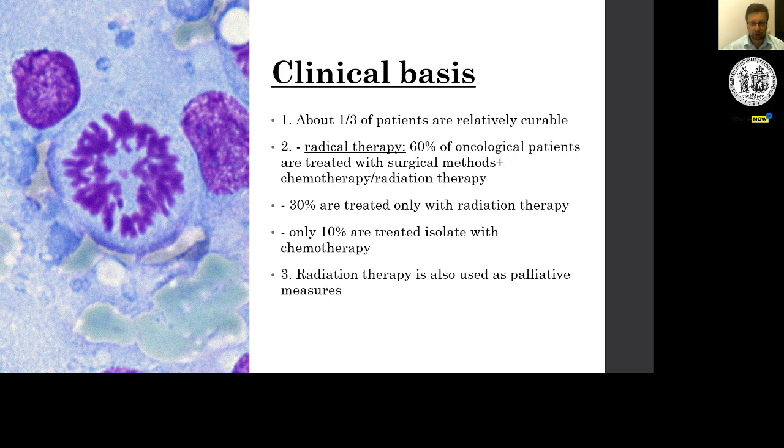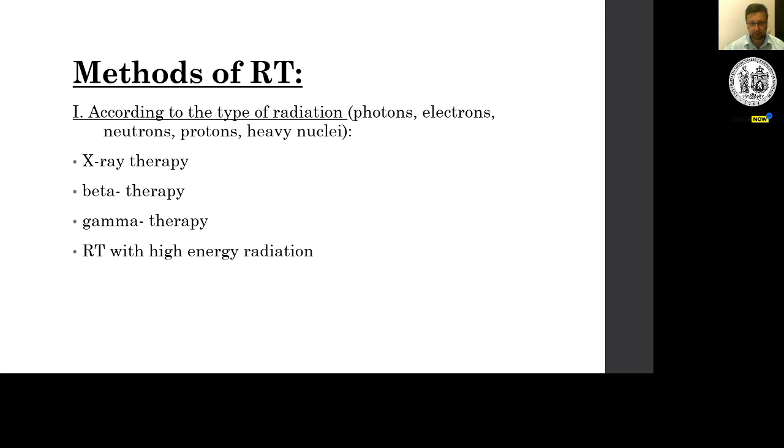We call such treatment of oncological tumors the combined treatment. And approximately 30% of all oncological patients are treated only with radiation therapy, and only about 10% are treated with only chemotherapy. Radiation therapy is also used as a palliative measure.